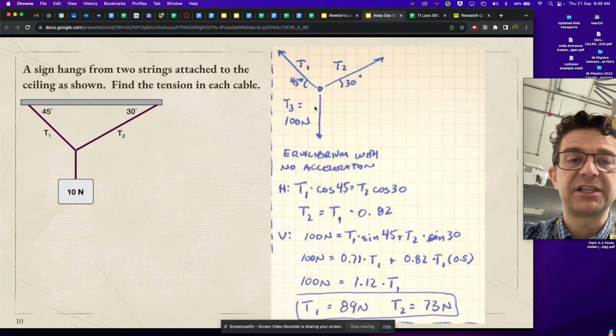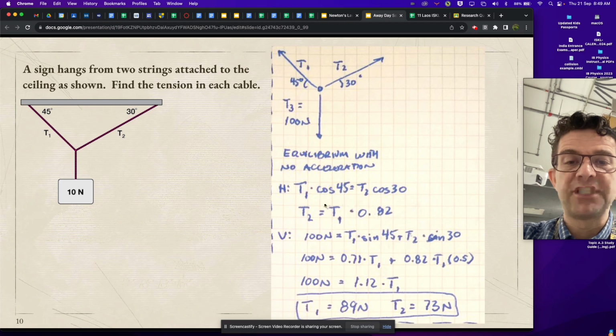When I look vertically, I have 100 newtons down and the two vertical components of tension pointing up. So the 100 newtons down is equal to T1 times the sine of 45 plus T2 times the sine of 30.